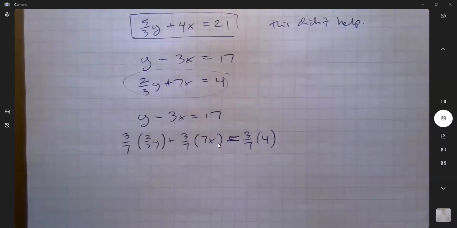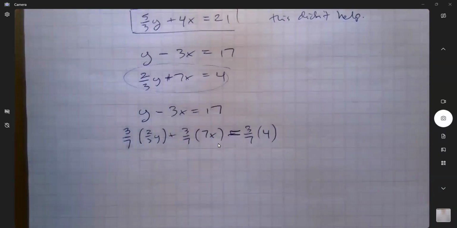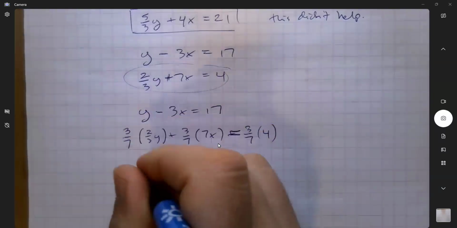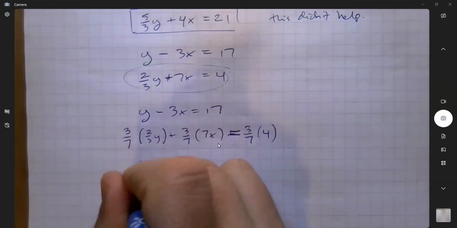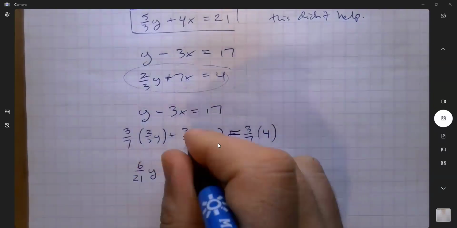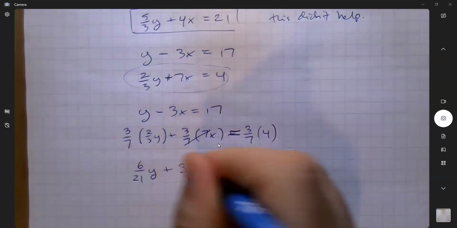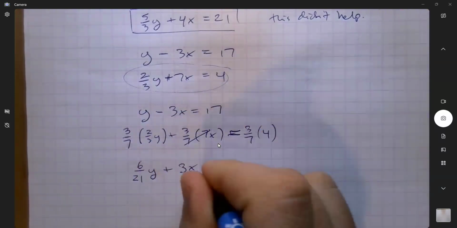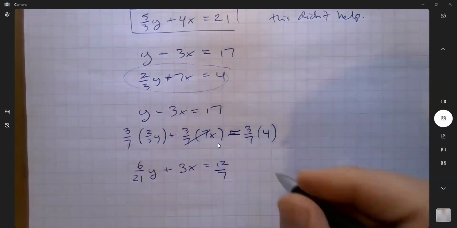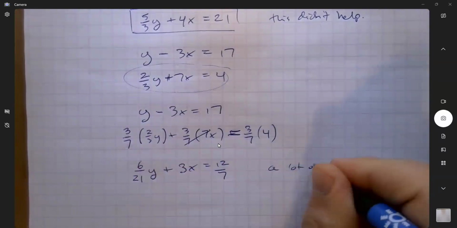That's a version of my second equation. And so doing some arithmetic, I'd have 6/21 y plus, those cancel, and there's my plus 3x, equals 12/7. But this is a lot of work.